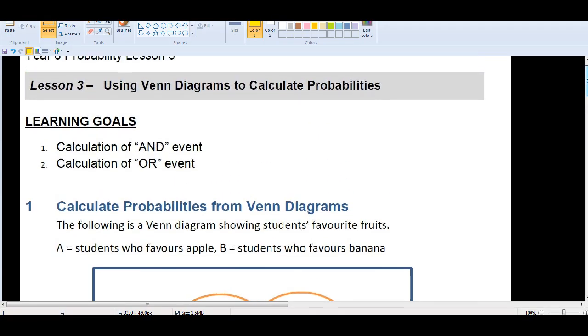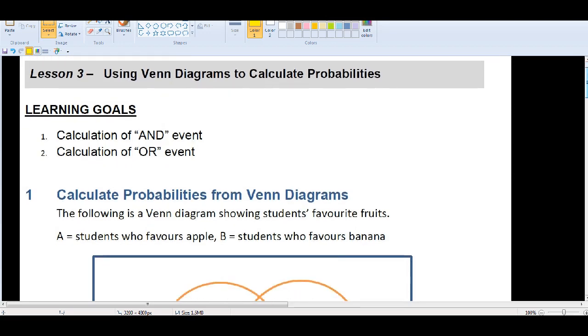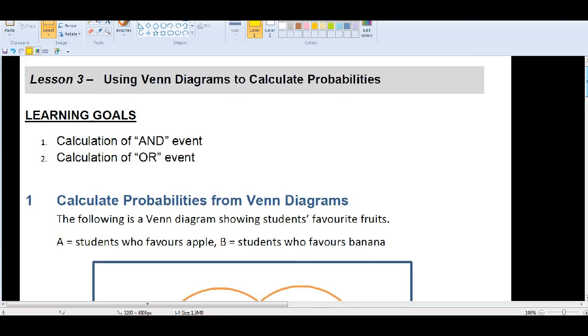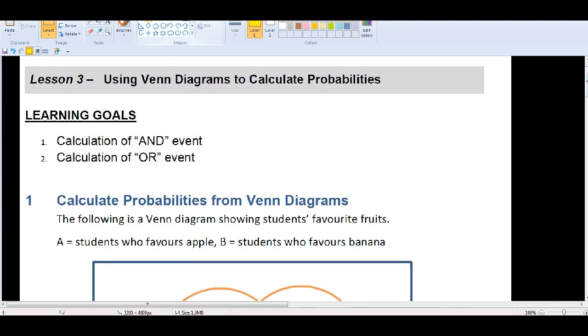Okay, year 8, so this is probability lesson 3. Last lesson we learned how to construct our Venn diagrams and also read data from Venn diagrams. This lesson we are going to learn how to use Venn diagrams to calculate probabilities.